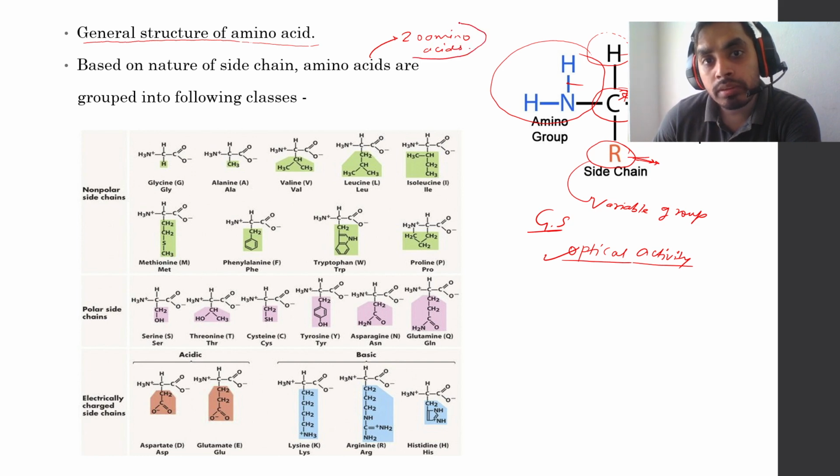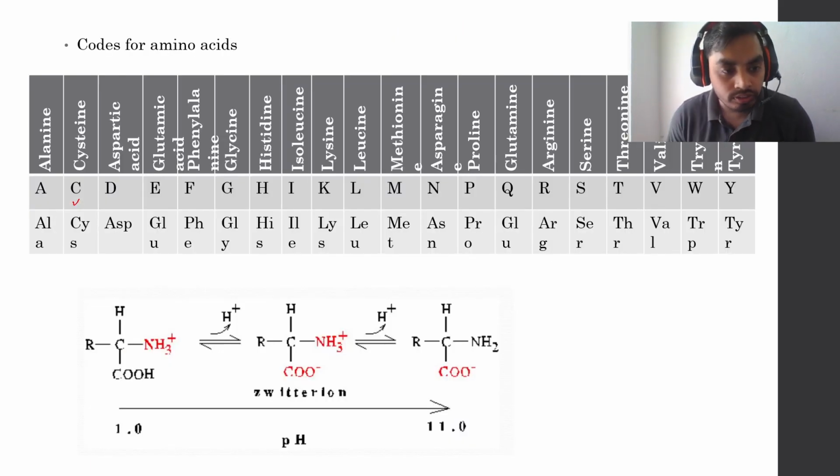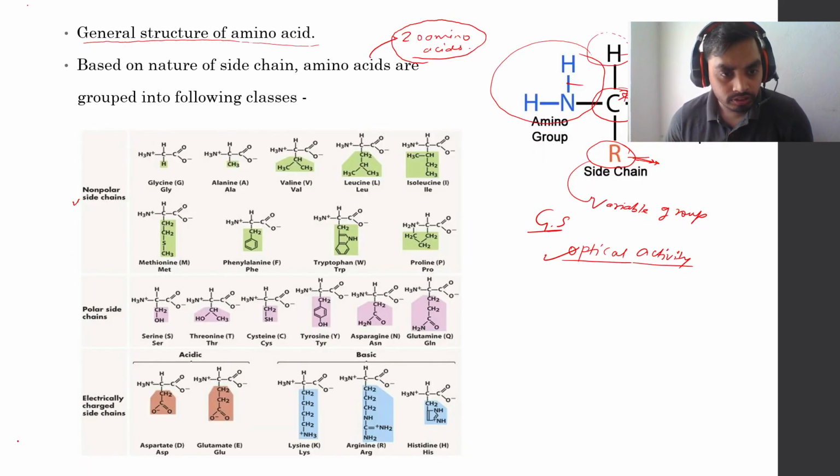These 20 amino acids are classified on various classification bases. I will discuss some major classification bases on which these amino acids are classified before going into further details.